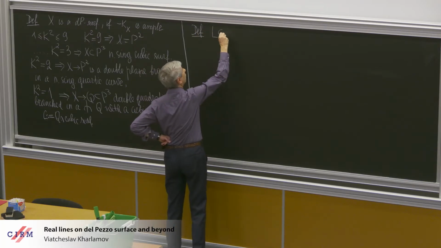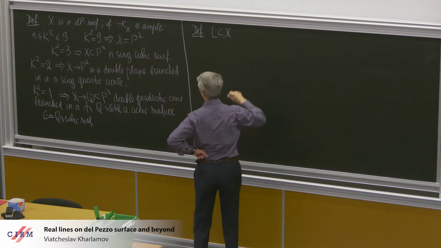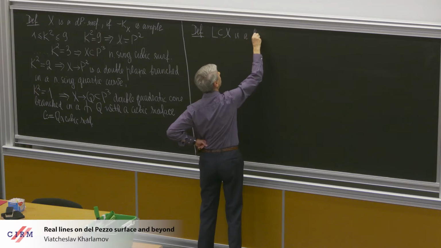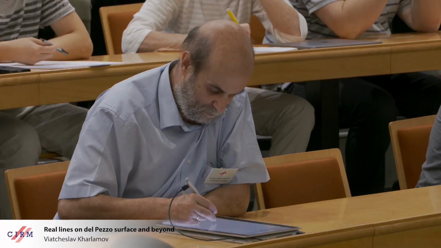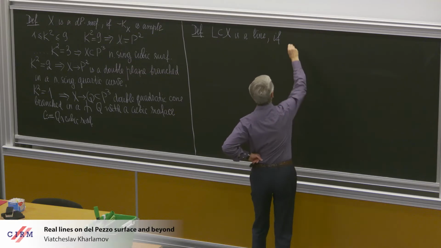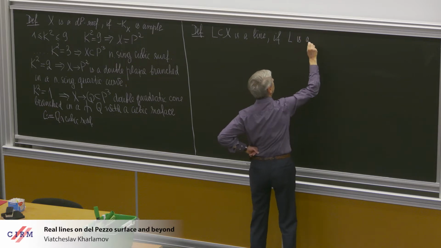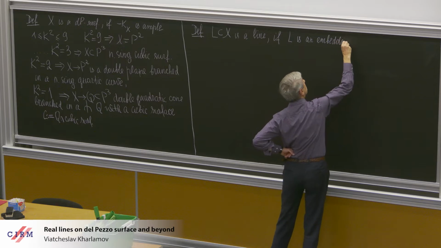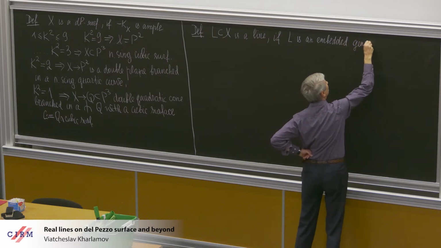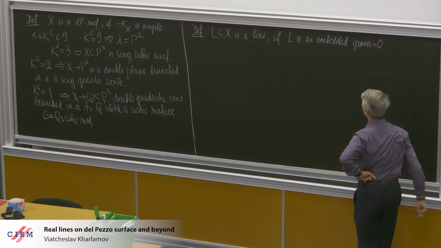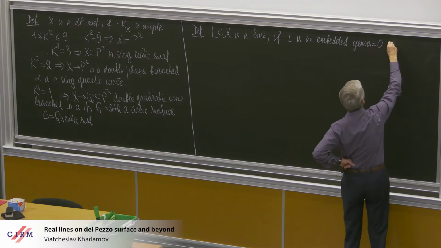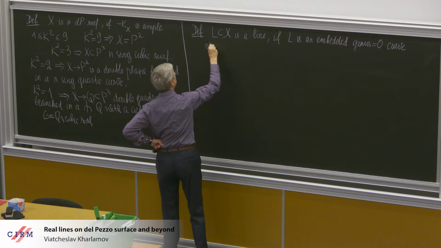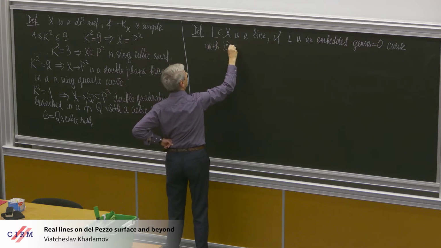L is a line if L is an embedded genus 0 smooth curve with L square equal minus 1.